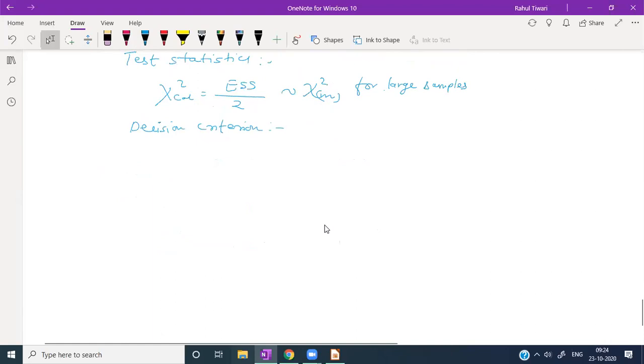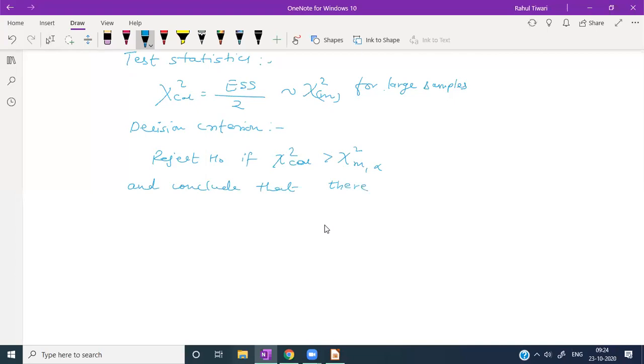Reject H naught if chi-square calculated is greater than chi-square with m, alpha degrees of freedom, and conclude that, so if you are rejecting H naught, that means you are concluding that there is heteroscedasticity in the model.